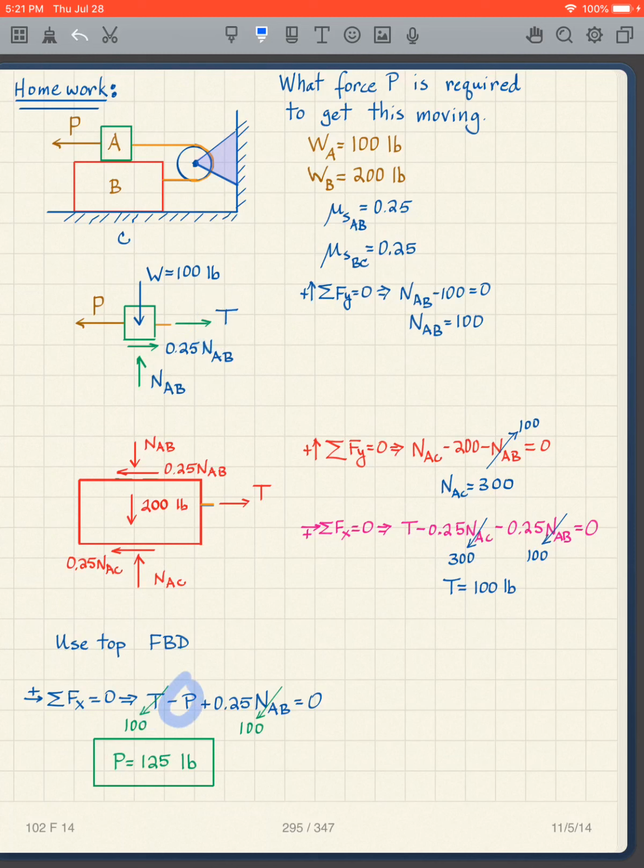I have P negative because it's going to the left. And then I have 0.25 NAB to the right, so it's positive. I put in my values of NAB and T. The only thing unknown here is the P. I solve for the P and I get 125 pounds.